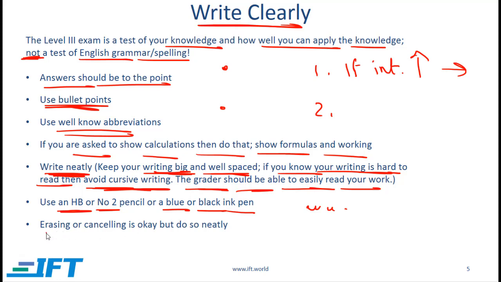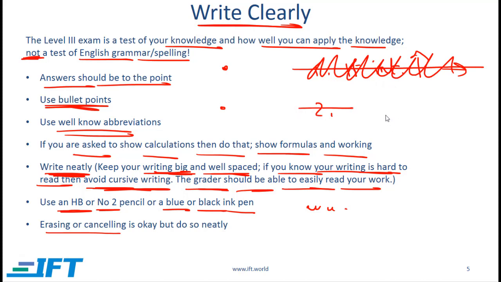You can cancel or erase your work, but do so neatly. My recommendation is that if you write something that you want to change, then clearly just cut this out. You don't need to do scribbling like that because that looks very neat. So you just neatly cut out and then give your answer again.